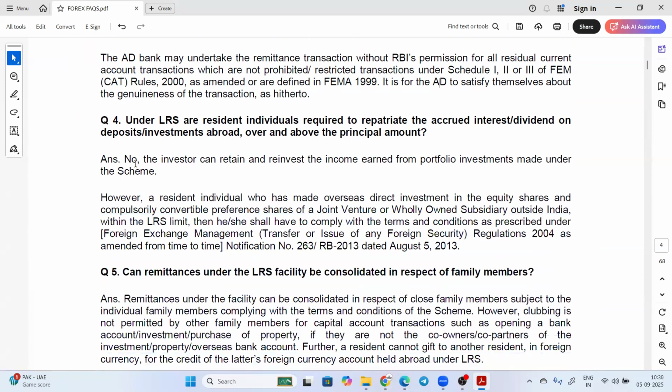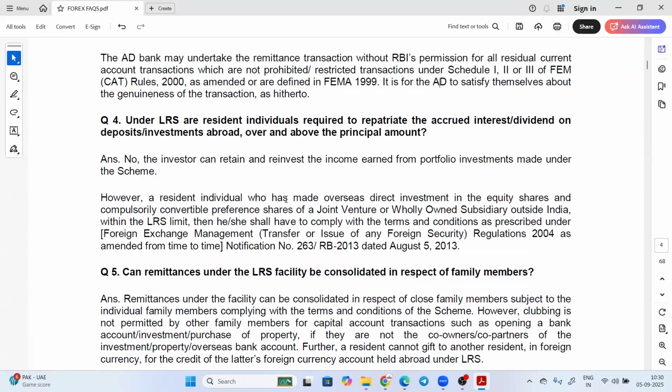Now the next question: under LRS, are resident individuals required to repatriate the accrued interest or dividend on deposit or investment abroad over and above the principal amount? The answer is no. The investor can retain and reinvest the income earned from portfolio investment made under the scheme.